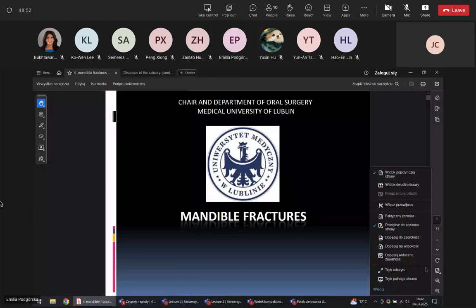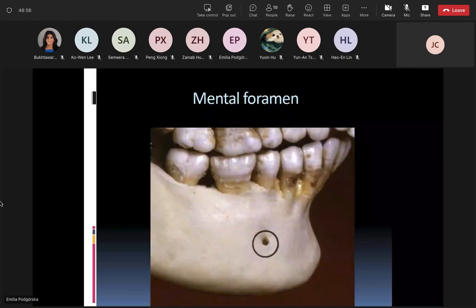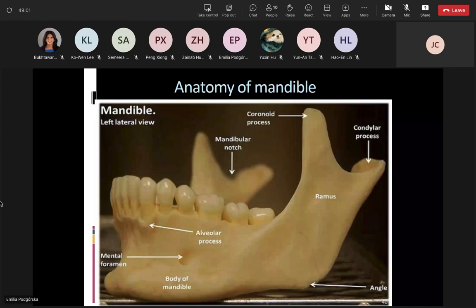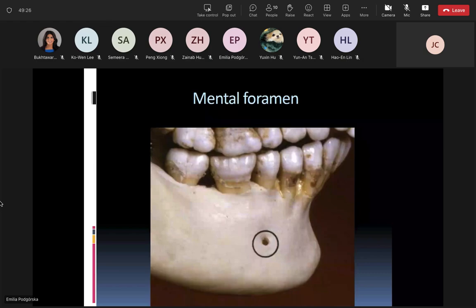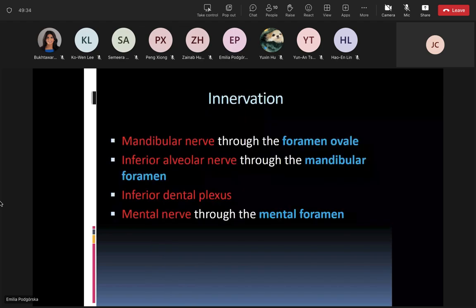Mandible fractures. Nerve supply: the mandibular nerve through the foramen ovale, the inferior alveolar nerve through the mandibular foramen, the inferior dental plexus, and the mental nerve through the mental foramen.